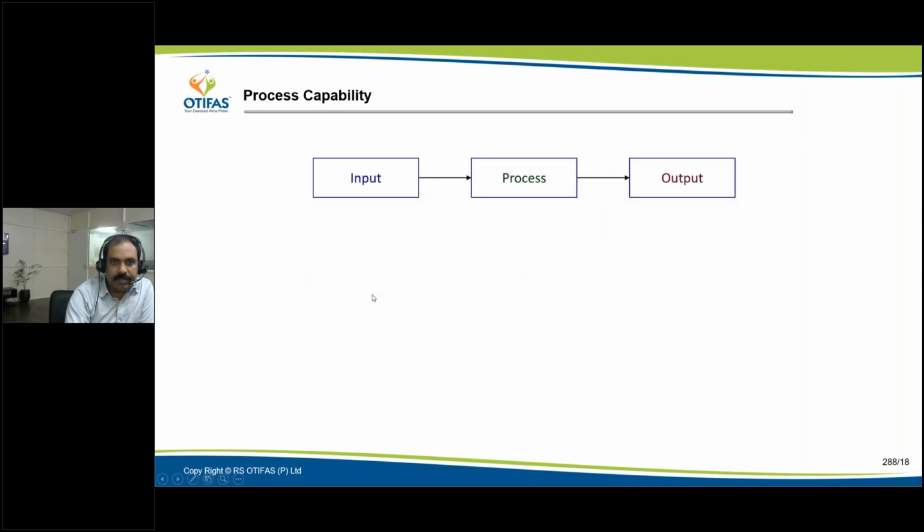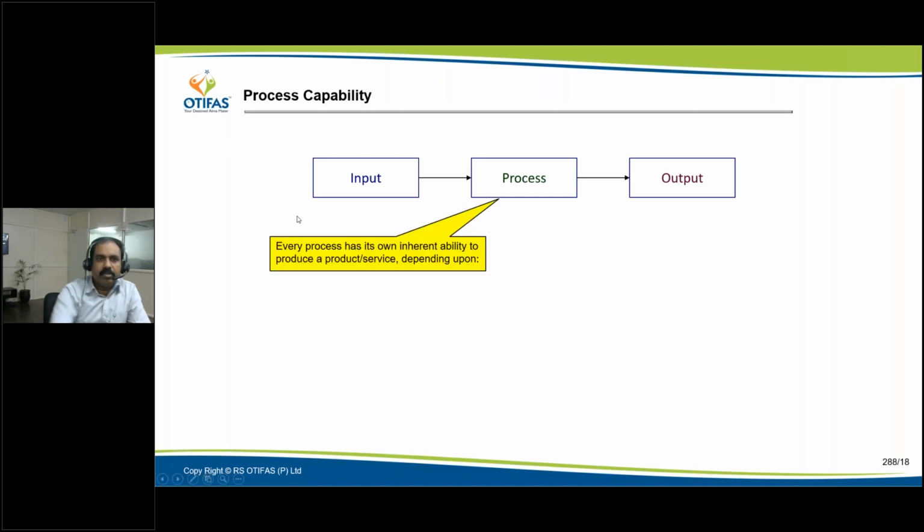So let us examine this. We have a process that gives an output through inputs. Every process has its own inherent ability to produce a product or service. This determines your capability. So every process has its own inherent ability to produce a product or service, depending upon what?